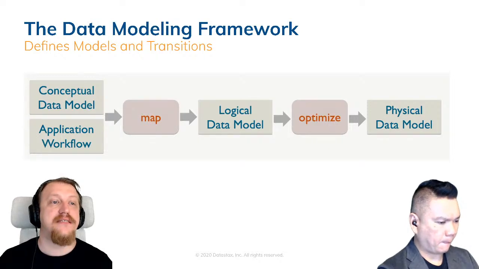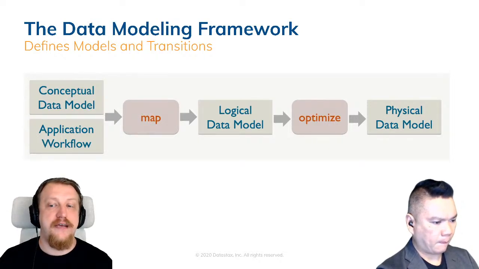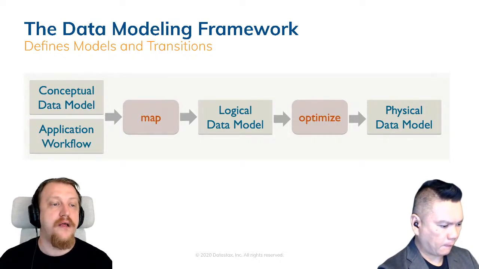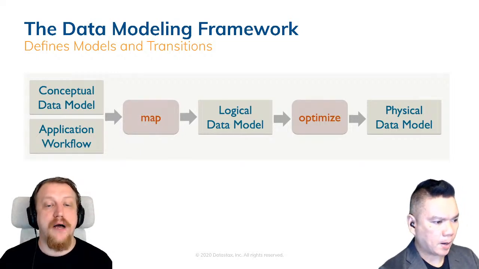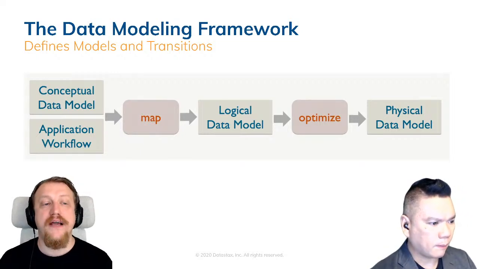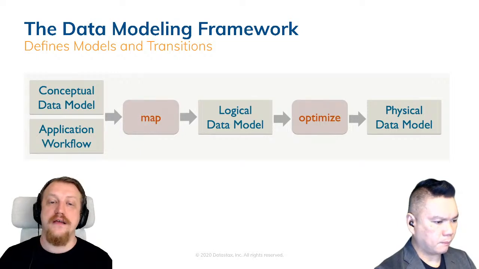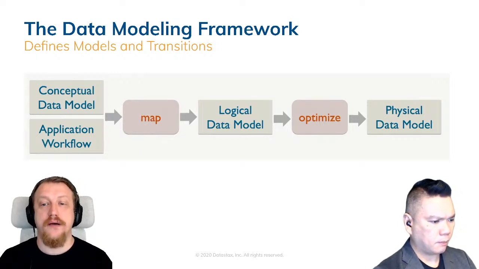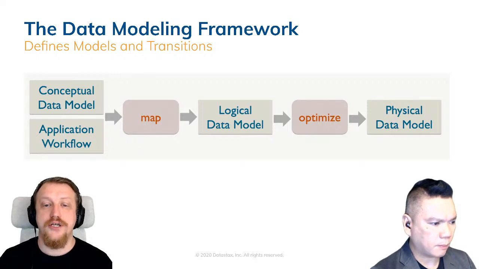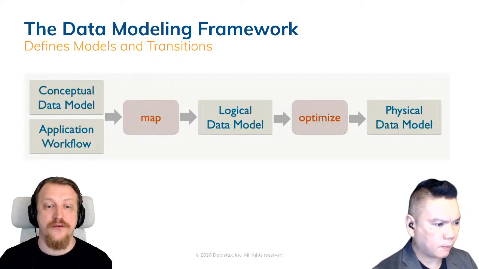And that's the data modeling framework, now as a workflow. We have the conceptual data model and application workflow, and we map them together. Based on this, we can create the logical data model, we optimize it, and we receive the physical data model, which is already completely Cassandra specific.